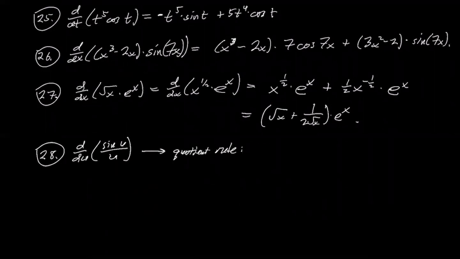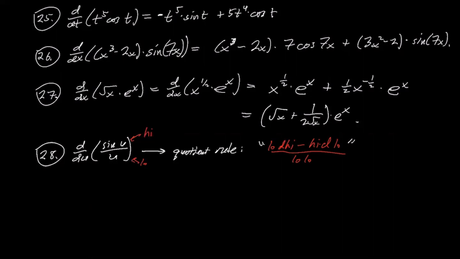It's this thing where, if you call this the high function and this the low function, then it's low d high minus high d low over low low. Actually, my teacher called it high and ho, so it was ho d high minus high d ho over ho ho.